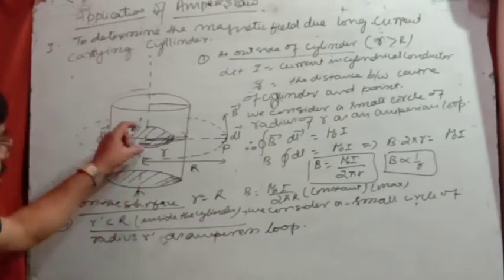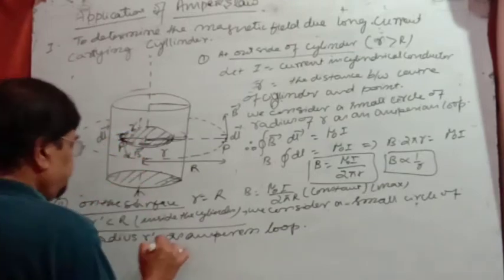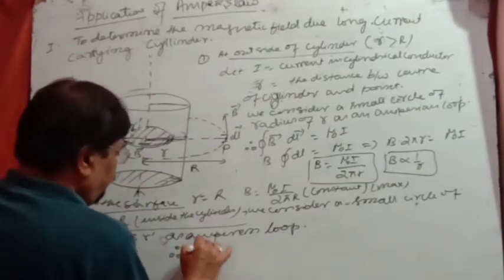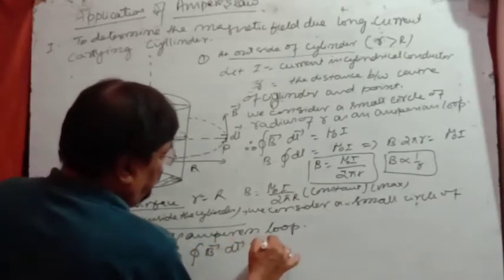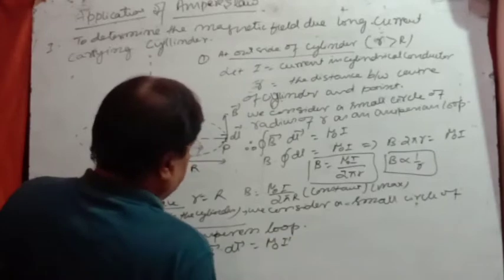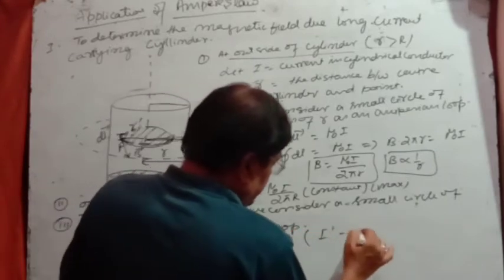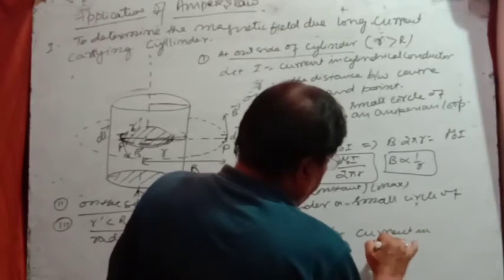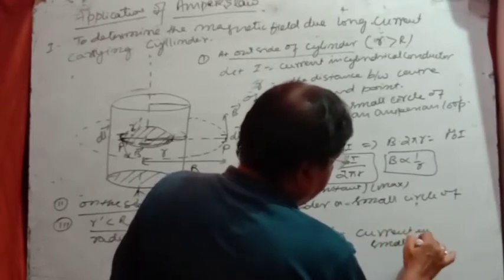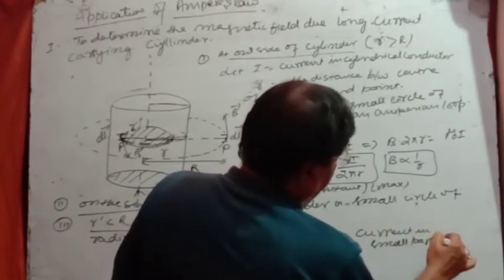We also consider the small value dl. Therefore, B dot dl is equal to mu naught I dash. I dash is the current in a small part of area.